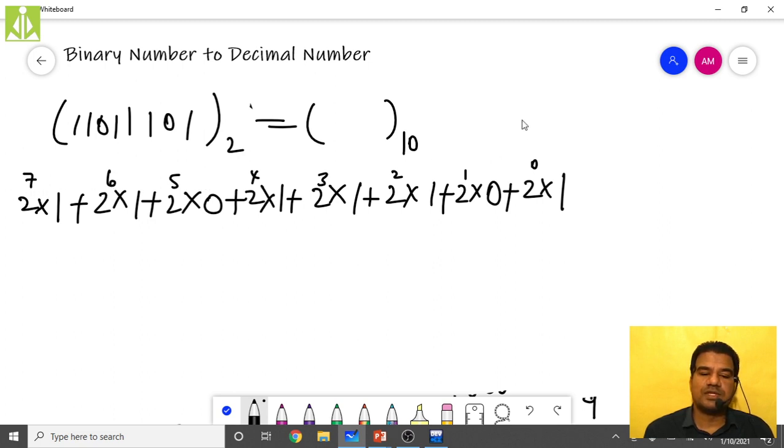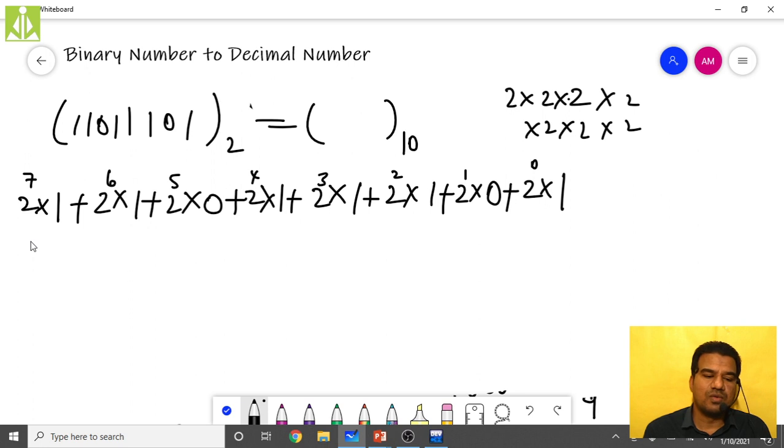So what is 2 power 7? 2 multiplied: 2, 4, 8, 16, 32, 64, 128.